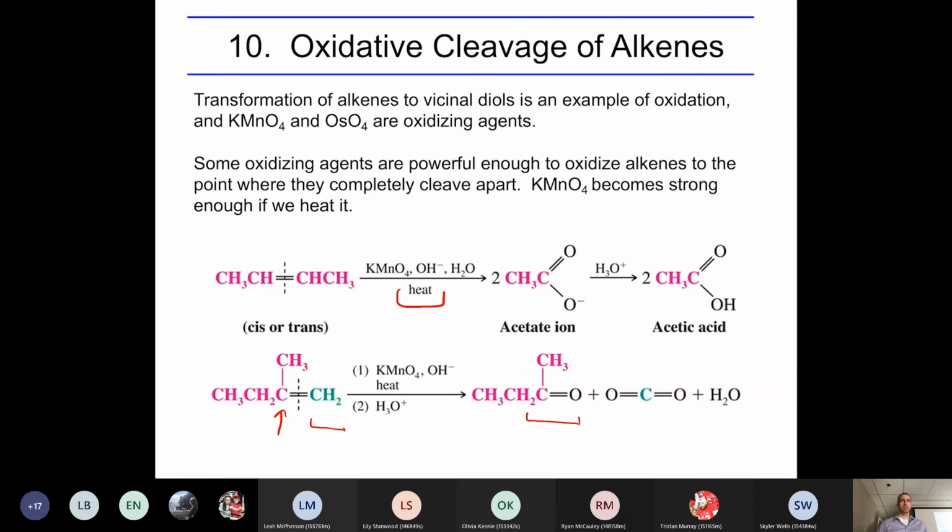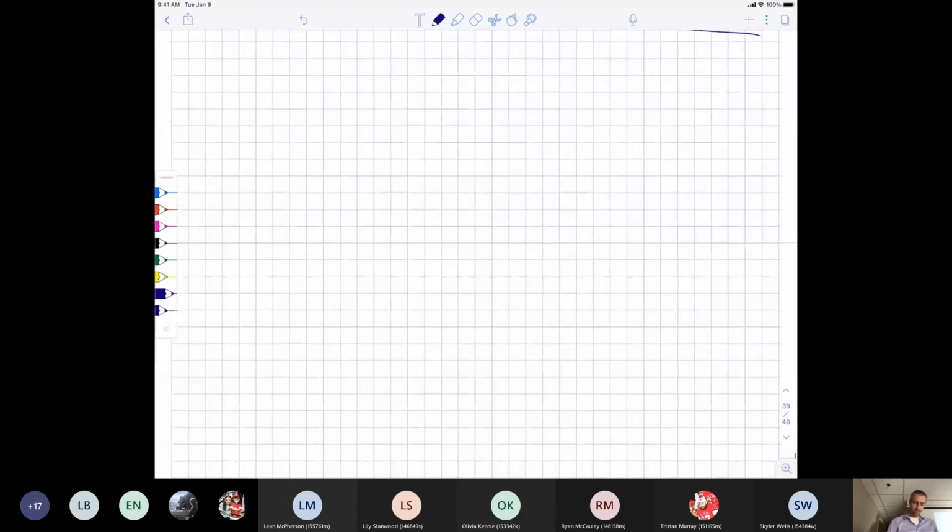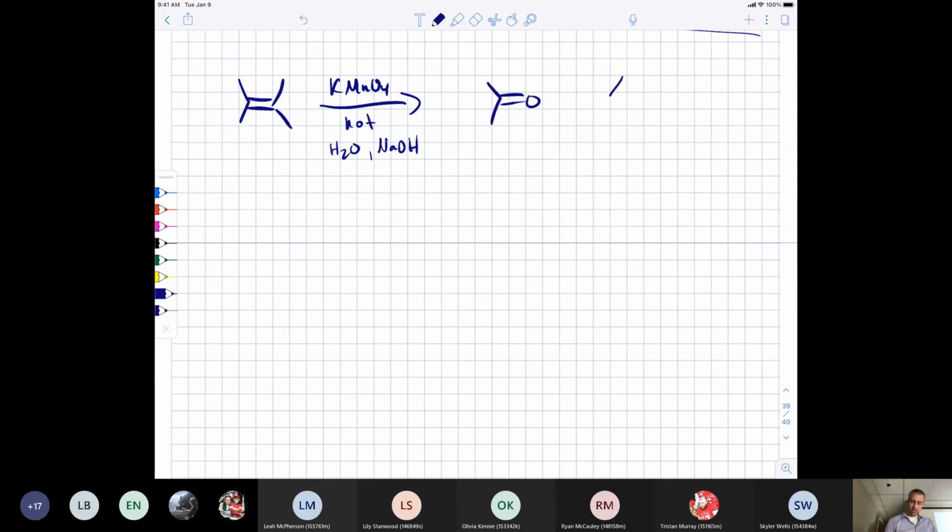So there are 3 variations here for oxidative cleavage, where let's say you have an alkene like this, it will oxidize to ketones.